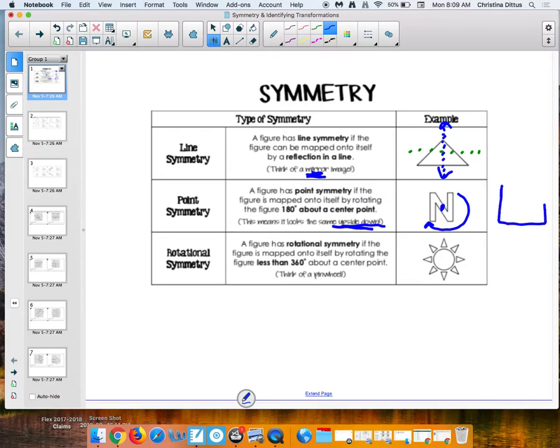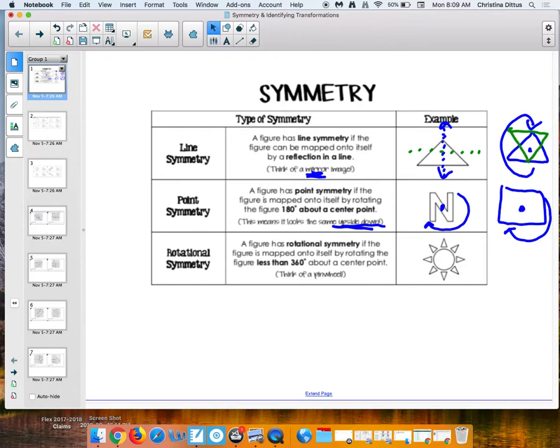A square, does a square have point symmetry? If I rotate it 180, does it still look like itself? Yeah. What about this triangle? If I put a point here and rotate it 180 degrees, no, it's going to be upside down. That's not mapped onto itself.